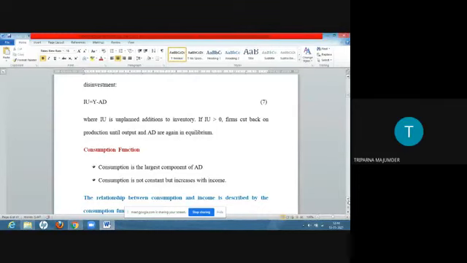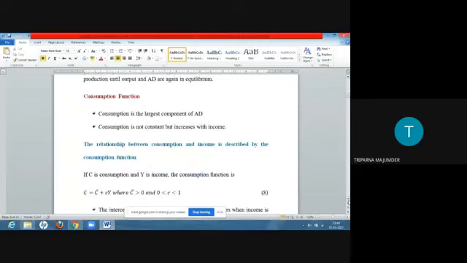The relationship between consumption and income is described by the consumption function. If C is the consumption and Y is the income, the consumption function is C is equal to C bar plus small c times Y. Now, C bar is autonomous consumption, that is when Y is 0.